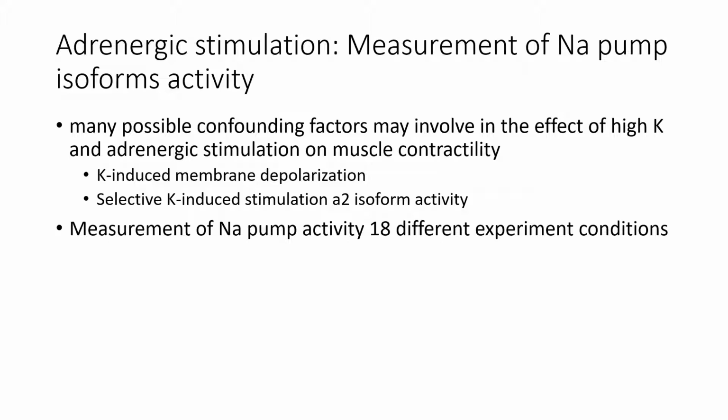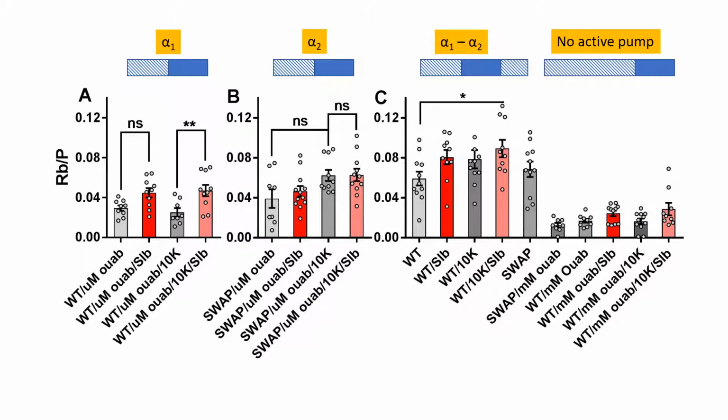So to eliminate these confounding factors, I started measuring sodium pump activity in 18 different experimental conditions directly. This is not contraction. This is rubidium uptake, or sodium pump activity, directly measured in myofibers in 18 different experimental conditions.